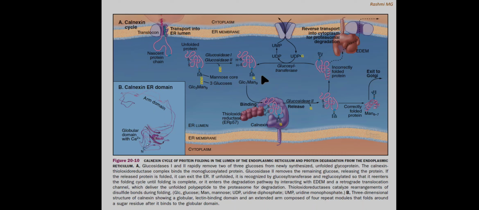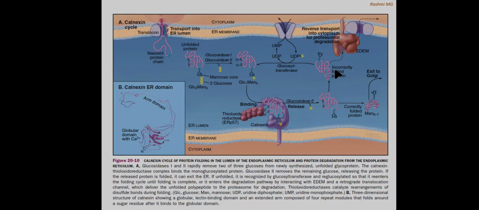If it is correctly folded, it goes to the calnexin for the binding. Then glucosidase 2 will release another one glucose. If it is correctly folded, then this protein will exit from the ER lumen directly to the Golgi. If it is incorrectly folded, it gets back into the cycle.